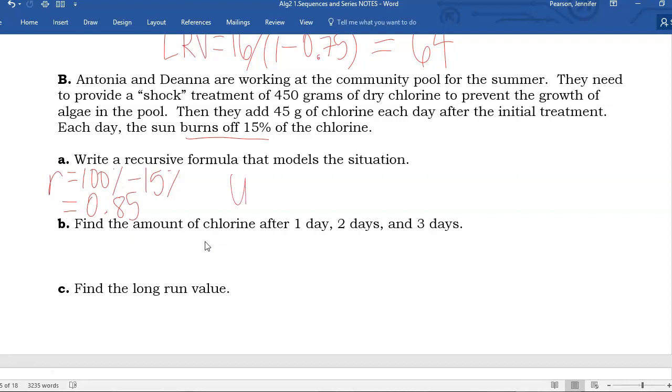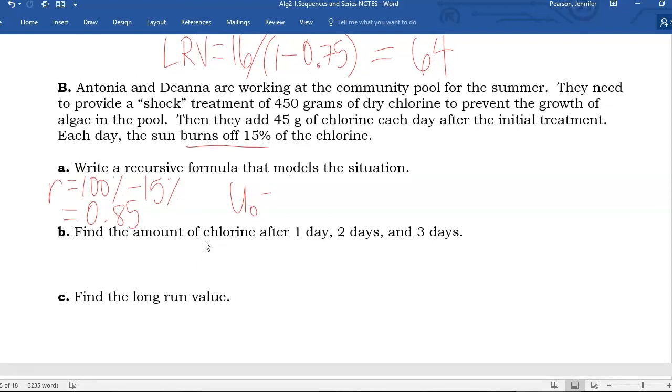So my formula, let's say on day 0, they put in 450 grams, and then the sun burns off 15%, so only 85% remains.